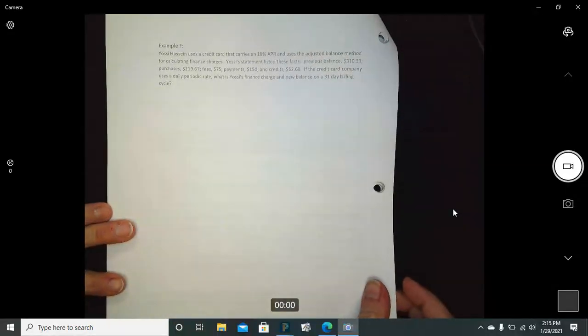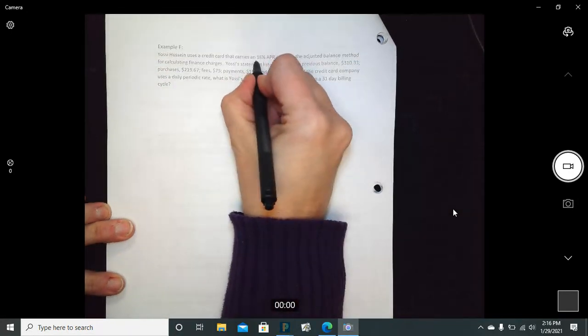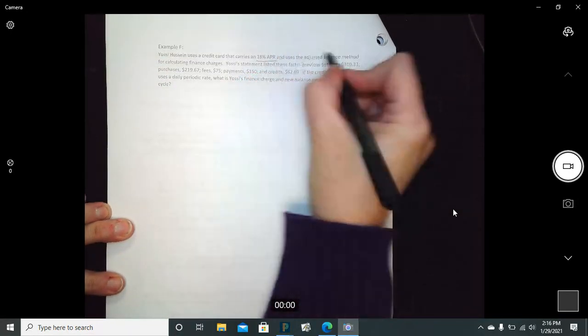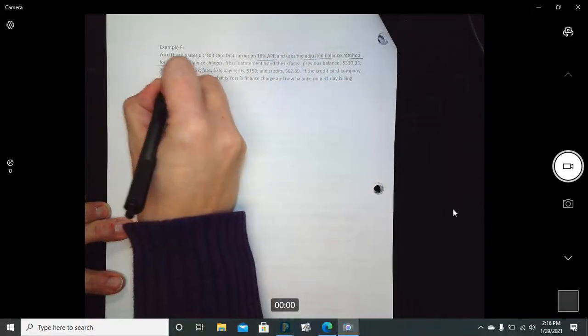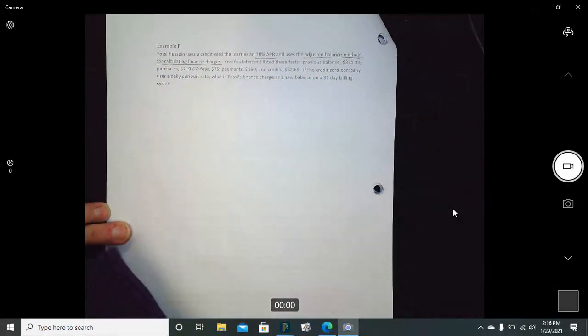Let's take a look at example F. Again, I'm going to go through and underline the things I need to know. 18% APR, uses the adjusted balance method for calculating the finance charges.